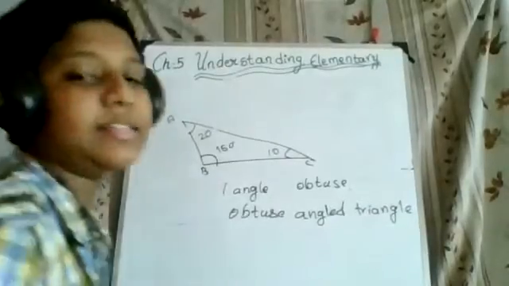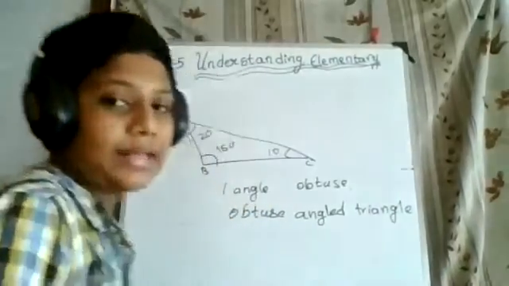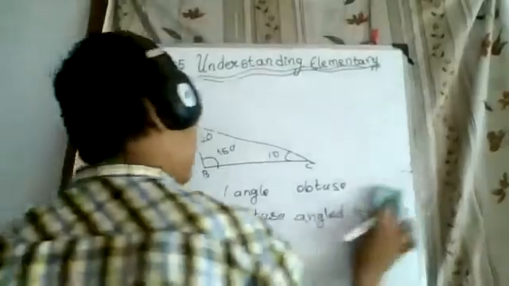If one angle is obtuse in a triangle, then the triangle is known as an obtuse angle triangle.